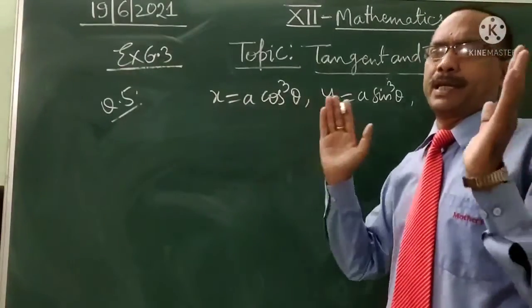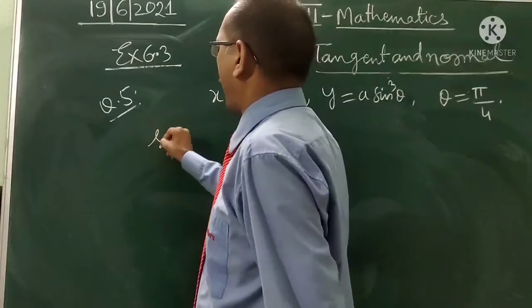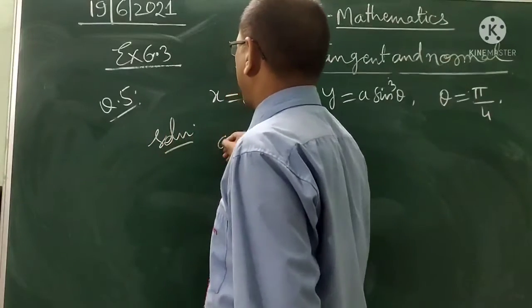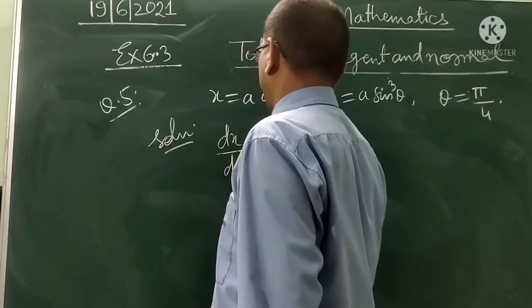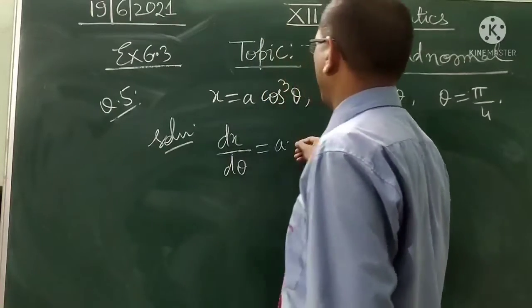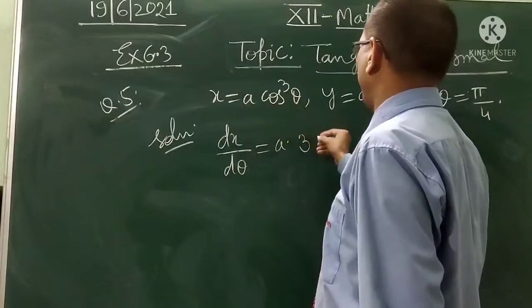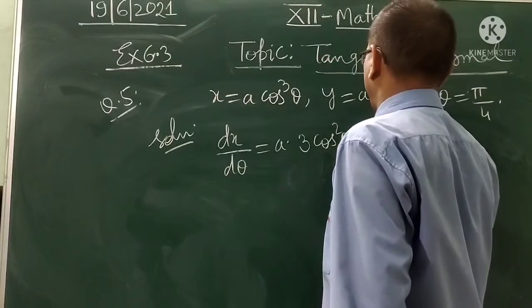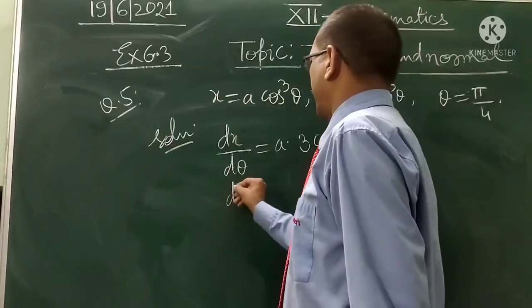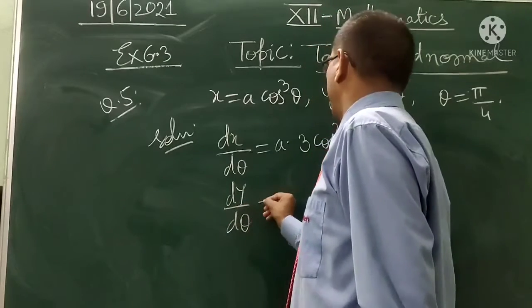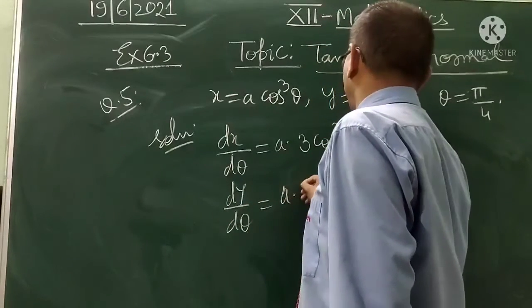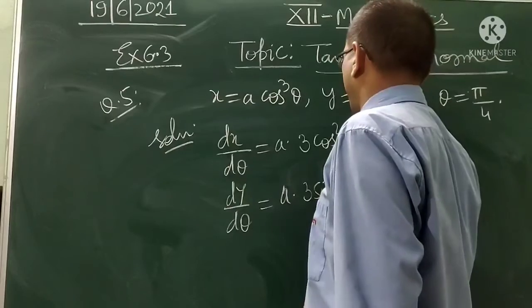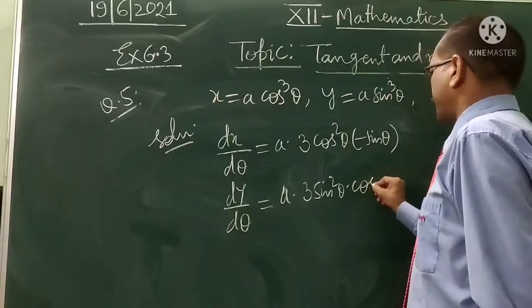Student, it is parametric, so we will find dx over d theta. It is a into 3 cos square theta into minus sin theta, and dy over d theta equal to a into 3 sin square theta into cos theta.